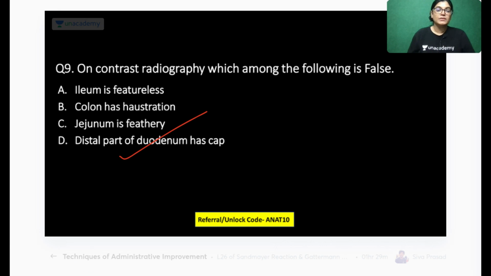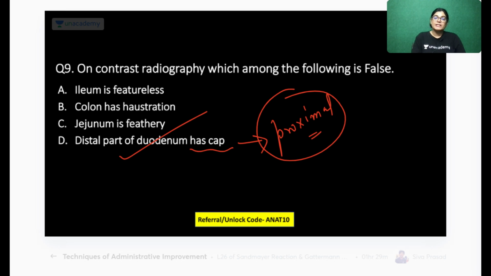Okay, so the distal part of the duodenum is having a cap. Is it right? It's absolutely wrong. So the duodenal cap is present in which part of the duodenum? It's present in the proximal part. We have seen that the features of the proximal part are very unique to the duodenum compared to the rest of it, and in radiological imaging it will appear as a cap.